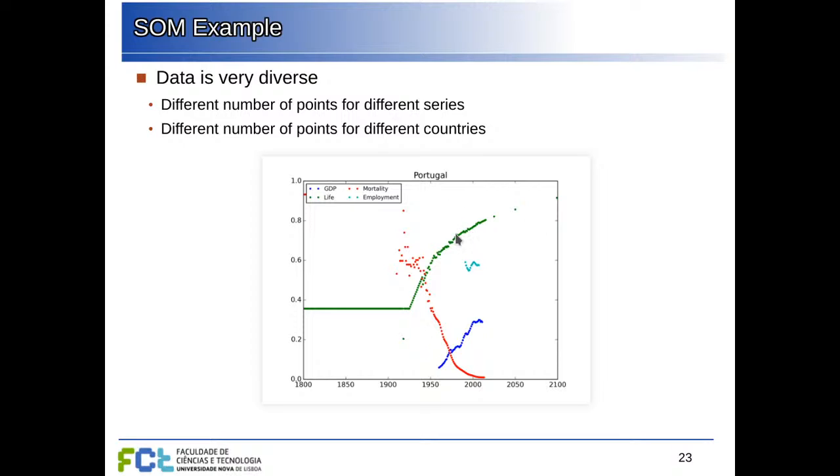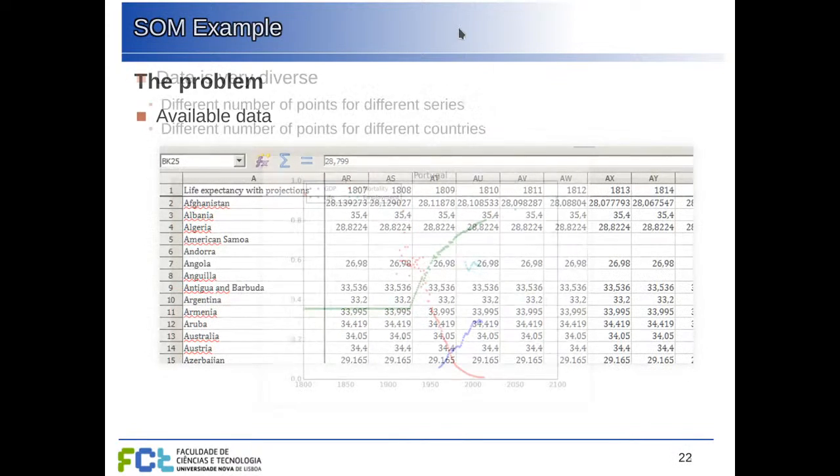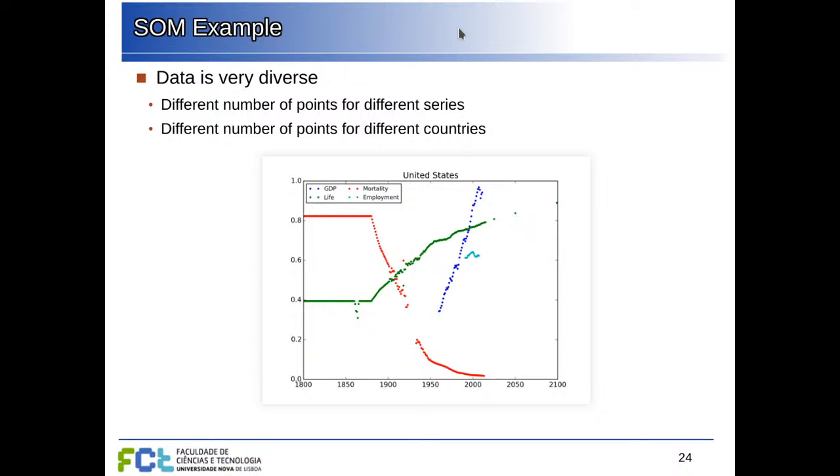For example, this is for Portugal. We have data on GDP, on life expectancy, on the infant mortality and employment. And these are all different. We have points at different locations and we have different numbers of points. And if we look at different countries, we also have missing data in some countries, so that the number of points that we have in different countries is also different.